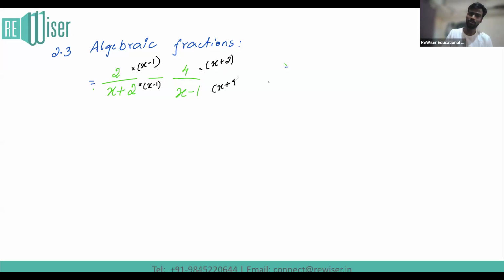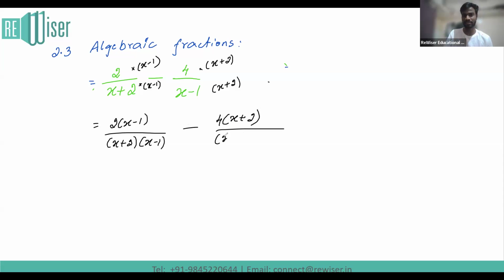So now when we do this, in the numerator, I'll be having 2 times x minus 1. And in the denominator, I will just have x plus 2 times x minus 1. And minus, here I'll be having 4 times x plus 2. And divided by, I will be having x minus 1 times x plus 2.